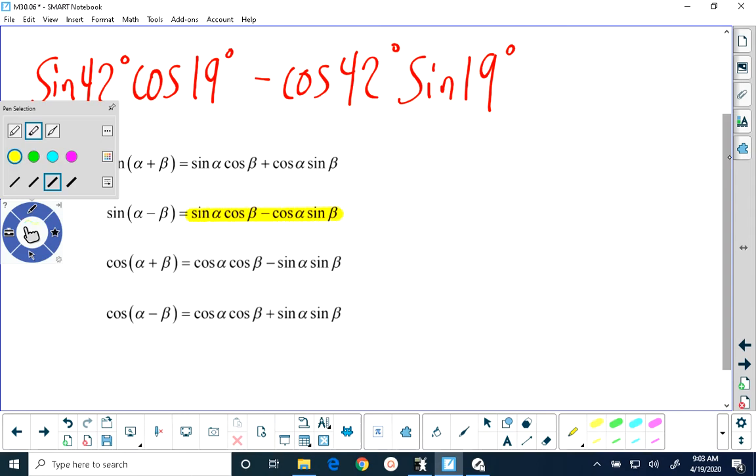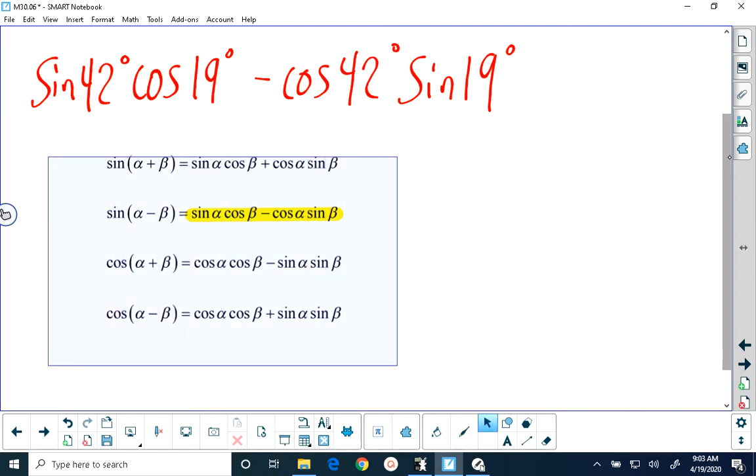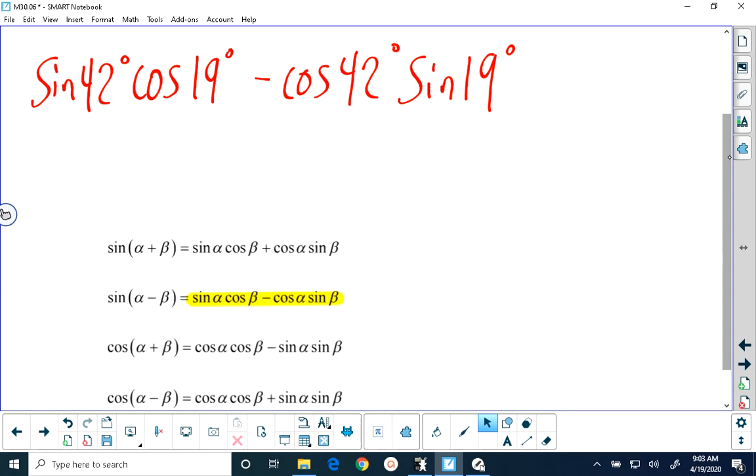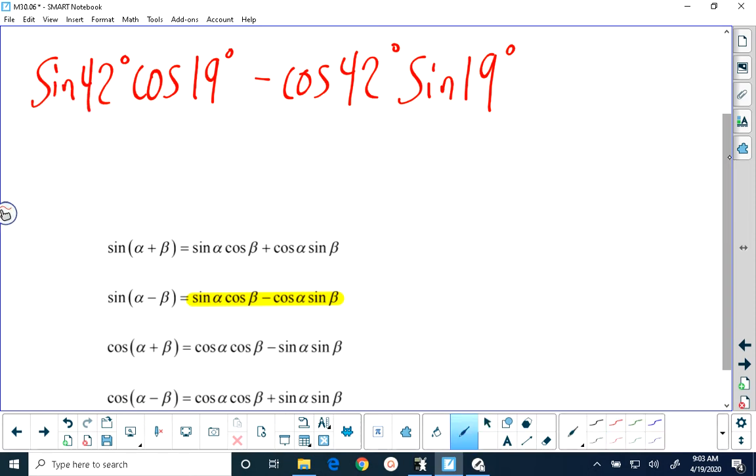And you can see that pattern right here. The sine of alpha minus beta equals sine alpha cos beta minus cos alpha sine beta. So what we can do is basically do a comparison of that identity to the question. Sine of alpha cosine of beta minus cosine of alpha sine of beta.